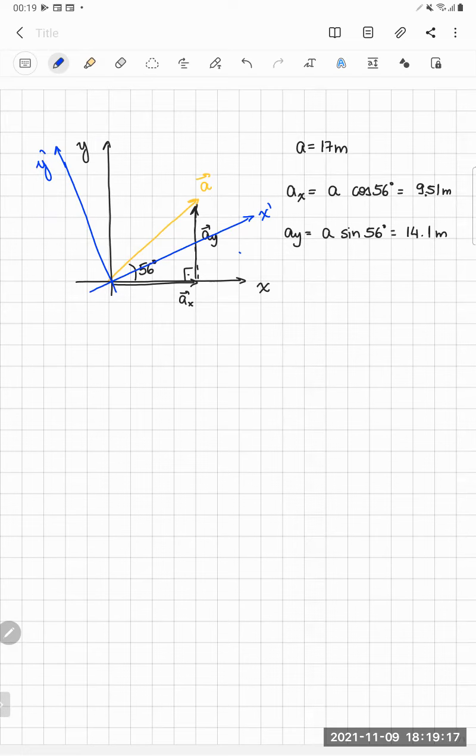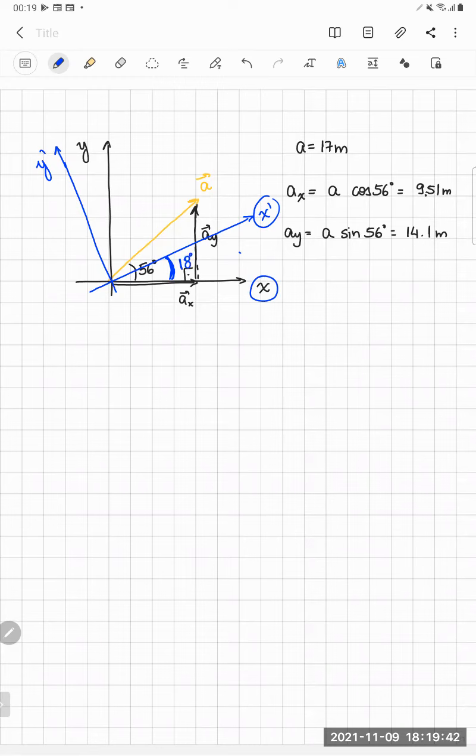What else do they tell us? They say that this second coordinate system is inclined by an angle of 18 degrees with respect to the first one. In other words, they are saying that this angle here between this x and this x prime is 18 degrees. Okay, very well.